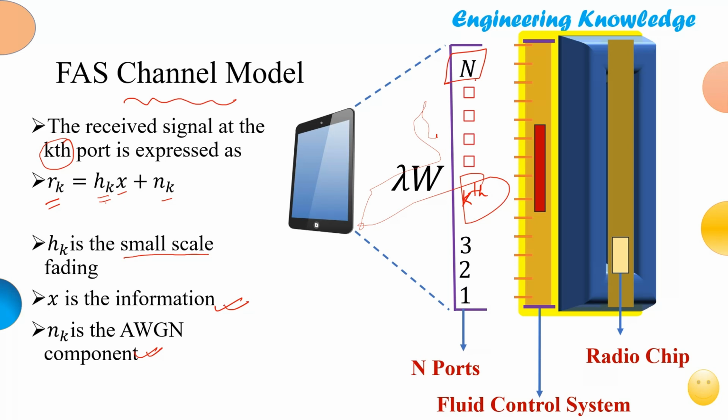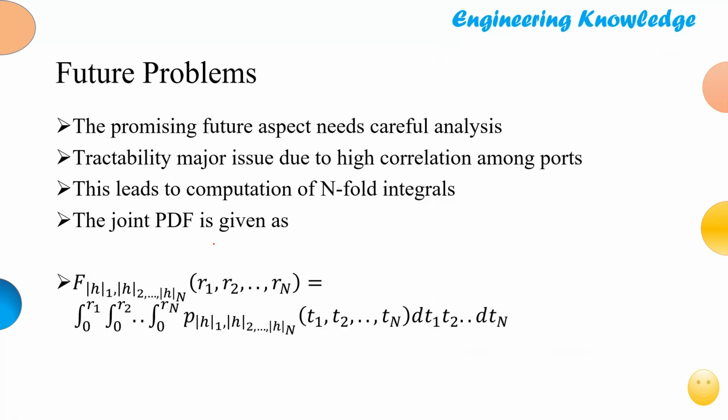So if I want to rigorously analyze all the received signals at the N ports which are available, it's a very complex mathematical computation, and that's where the whole future of this FA system leads to.